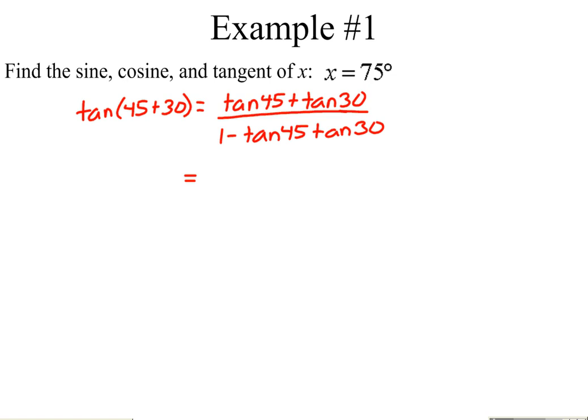Tangent of 45 is 1. Go back to your reference triangle on the previous two slides if you need to. But tangent of 45 is 1. Tangent of 30 is 1 over root 3. In the bottom, we have 1 minus 1 times 1 over root 3.